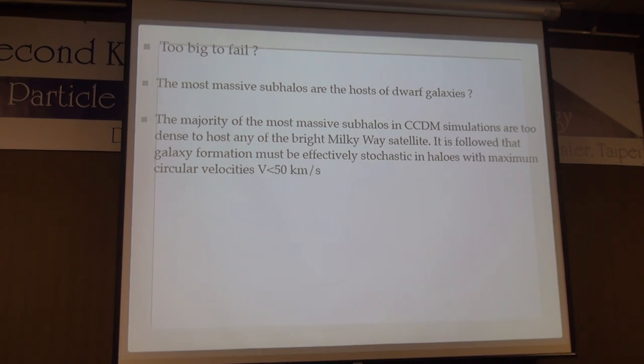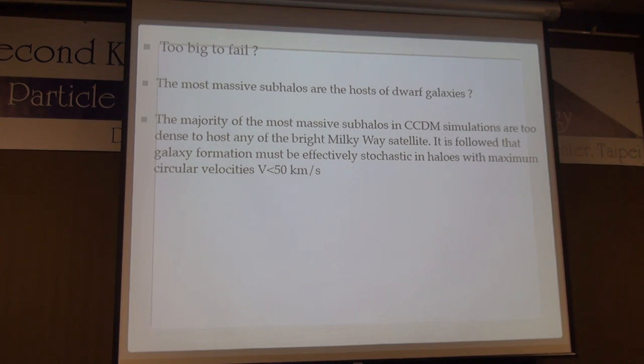Usually we naively think that if you have denser dark matter areas, it's easier to attract the particles together and form galaxies. However, we found that if the sub-halo is too dense, then we never see this kind of sub-halo form into a galaxy. So they are too big to fail.